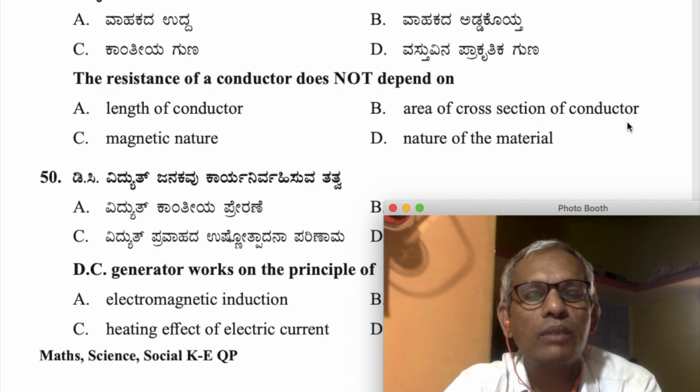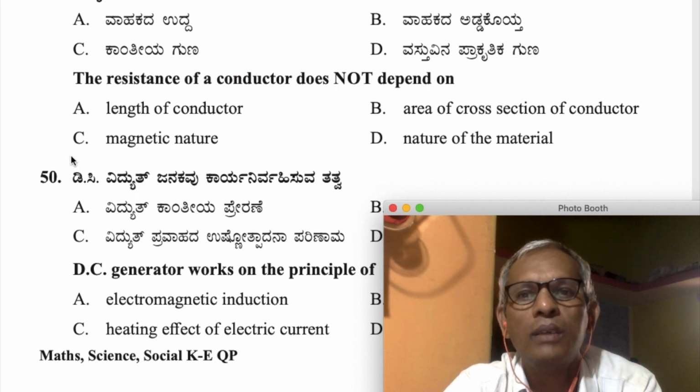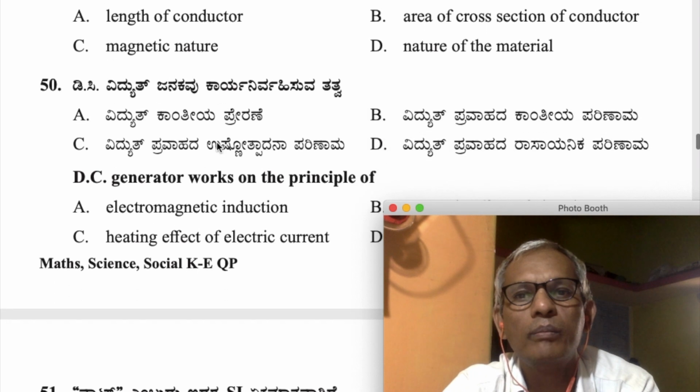It also depends on the area of cross section, so this is also not correct. C, magnetic nature, is the answer because resistance does not depend on magnetic nature. D, nature of material, also matters. So the answer is C.